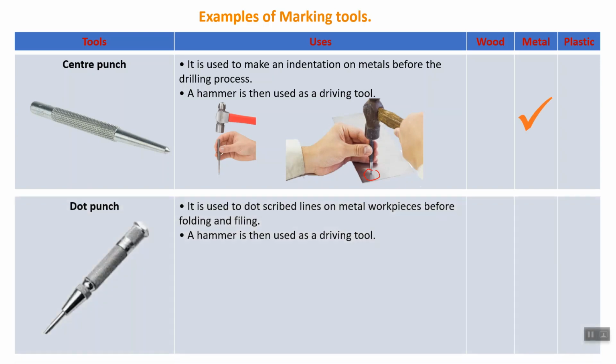Then we have a dot punch, which resembles the center punch, but it is used to dot scribe lines on metal workpieces before folding. For example, when we have to fold a piece of metal, say this sheet of metal, we make small dots using a hammer and a dot punch, and we can then fold the material onto the dots we have made.